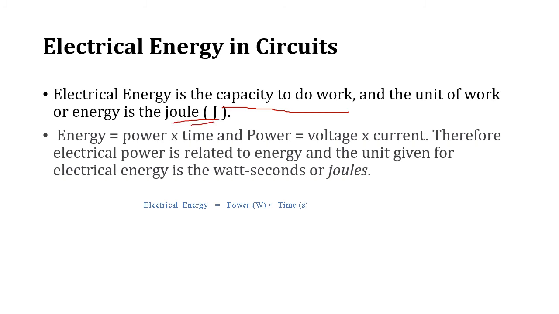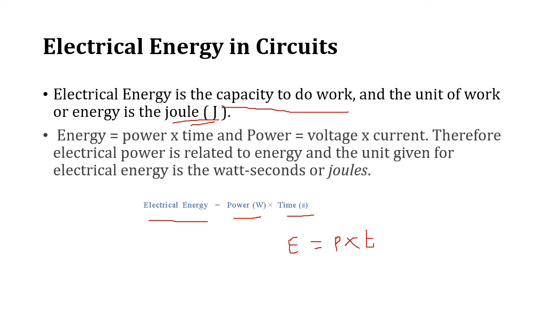So there is a relationship to find out the electrical energy. The electrical energy is equal to power into time. Here the electrical energy E is equal to power into time.